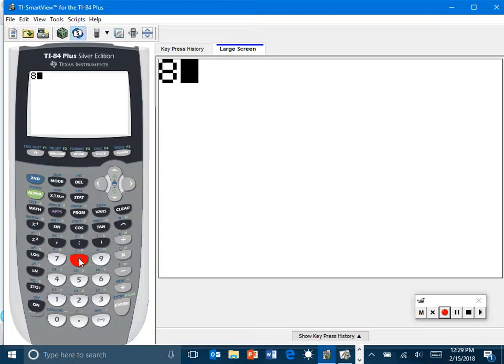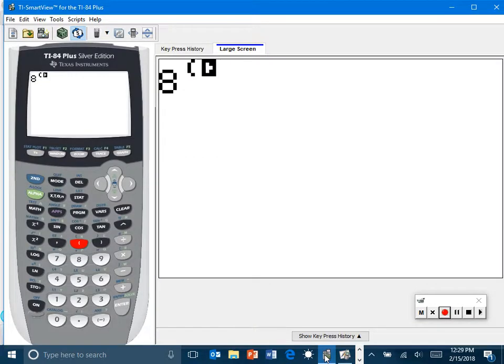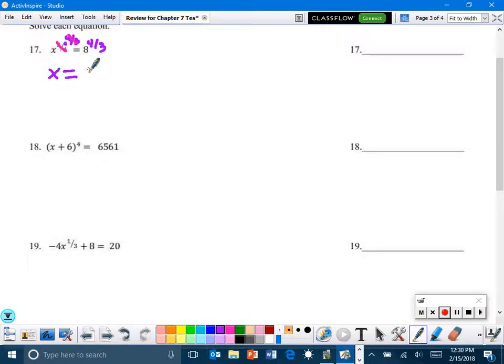So we've got an 8 raised to the, okay, let's look at it again. We got 4 over 3. So 4 divided by 3, close it. Now, if we do things correctly, we should not get a decimal. There we go, 16. All right, so the answer to this problem is 16.